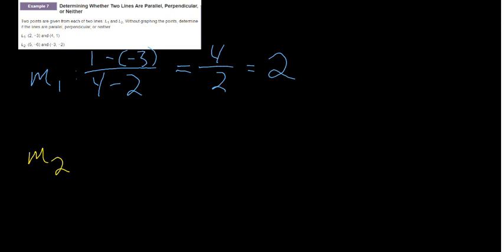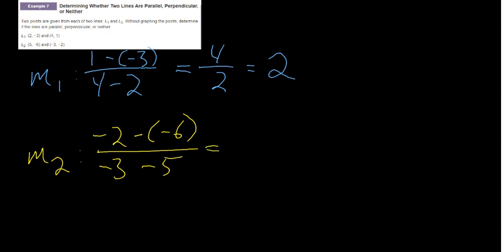We're going to have negative 2 minus a negative 6 all over negative 3 minus 5. What is negative 2 minus a negative 6? That's simply negative 2 plus 6, so that's going to be a positive 4. And then negative 3 minus 5 is negative 8.